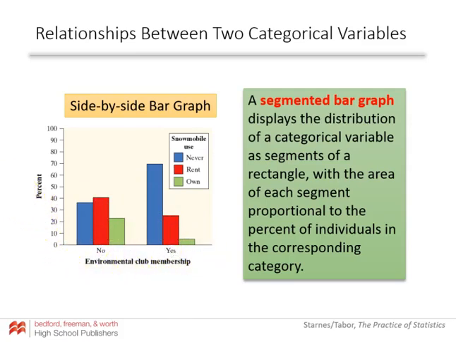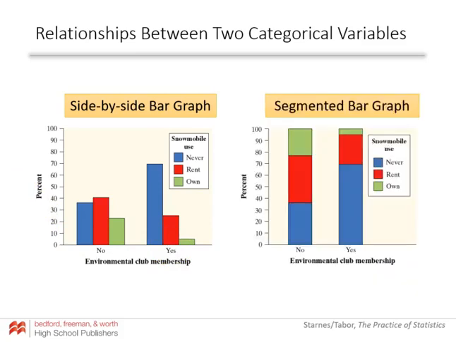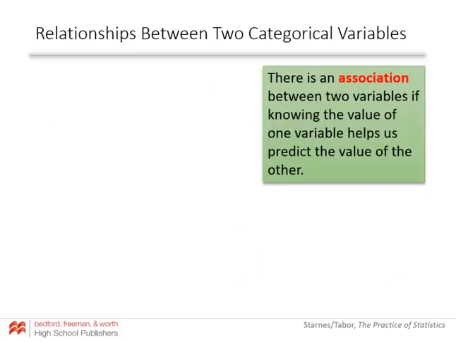The segmented bar graph is going to stack these things on top of each other. Both give us a really clear picture of how the two groups differ, because I can see how big that blue bar is over here and how small the green one is, and same thing over here, I can see them stacked next to each other.